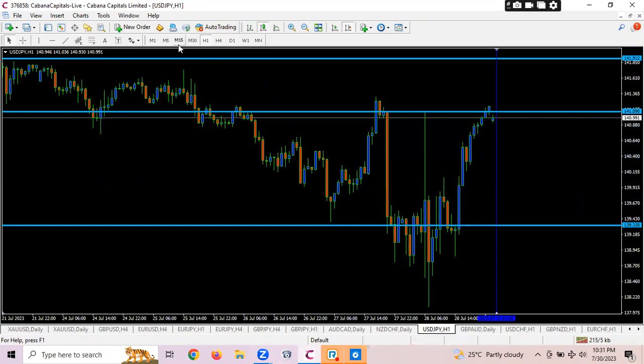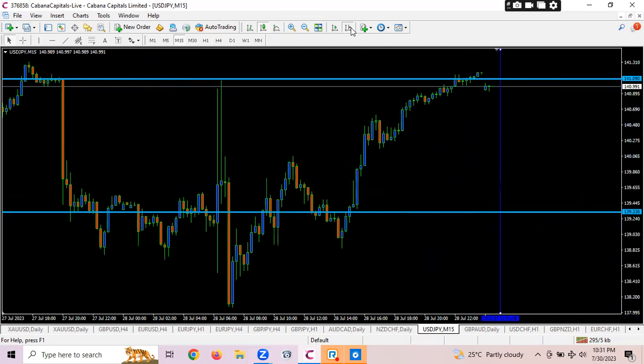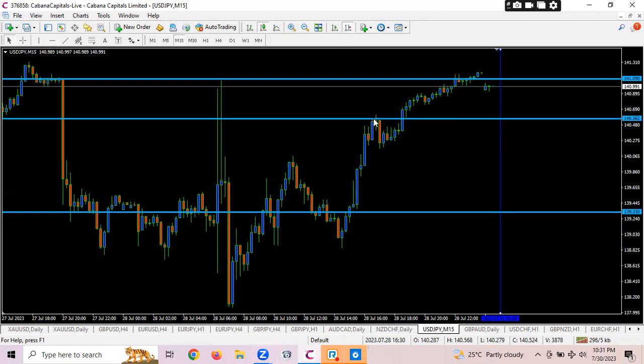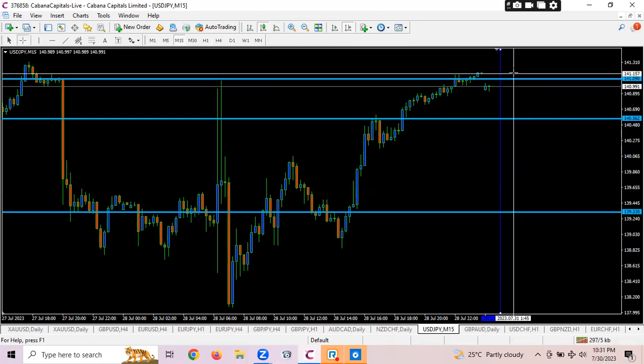Let's go to the 15 minutes. I need price to break a support on the 15 minutes. My first entry for a sell will be below, if this support is broken. That's how many pips from the current market price?